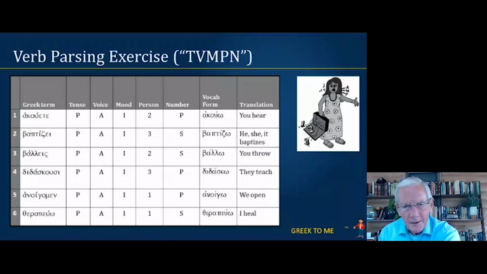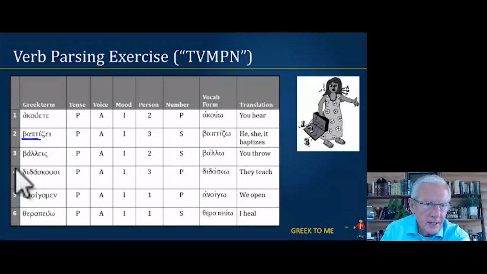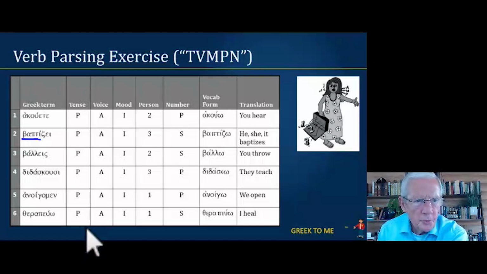All right, now that you've had a chance to do your own work, let's work through these together. Baptizei. Here's the stem, baptiz. The ei is the third person singular ending. So present active indicative third singular. From baptizo, he, she, it baptizes.